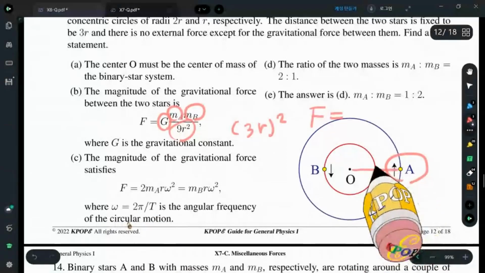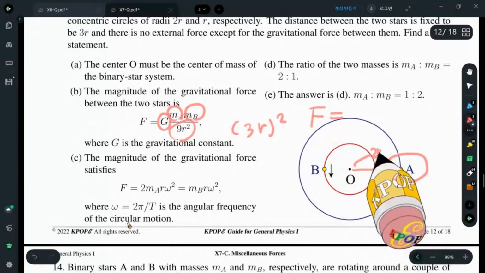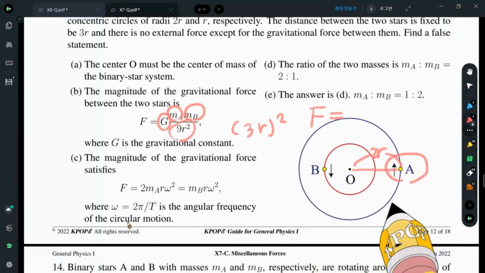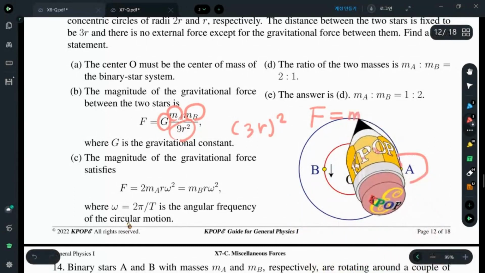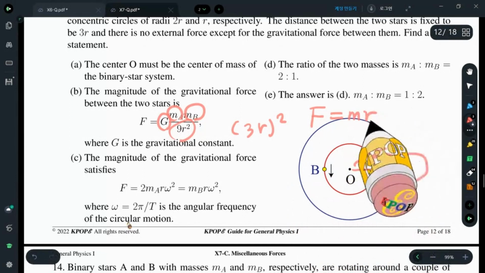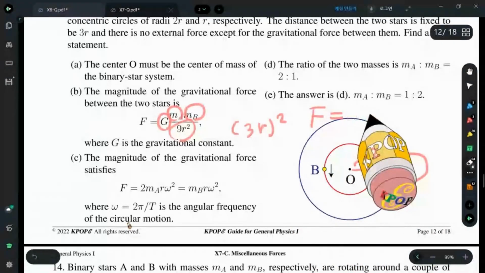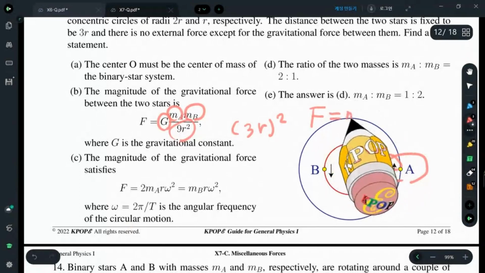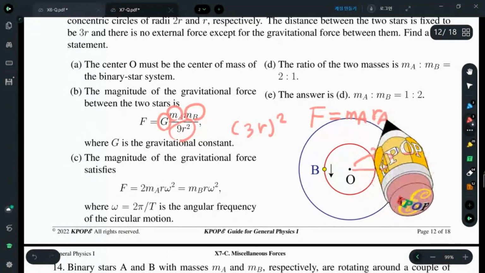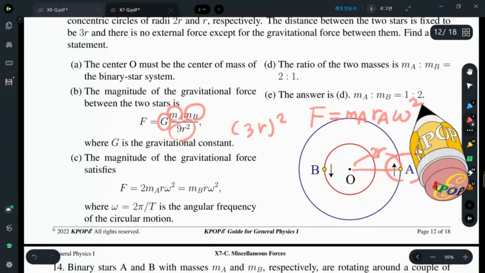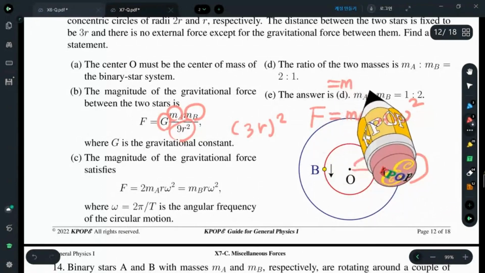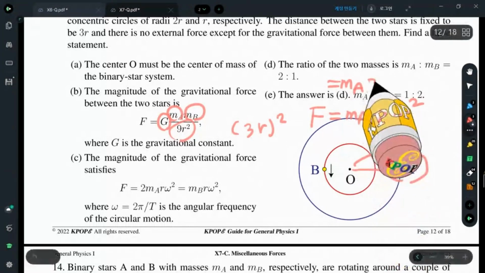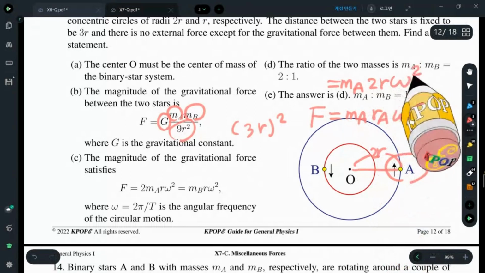And the centripetal force on this object moving on a circle with the radius 2r is m_A r_A omega squared. That is m_A r_A is 2r omega squared.